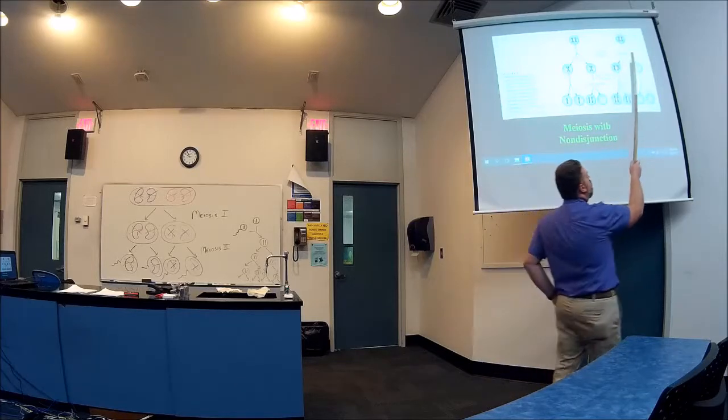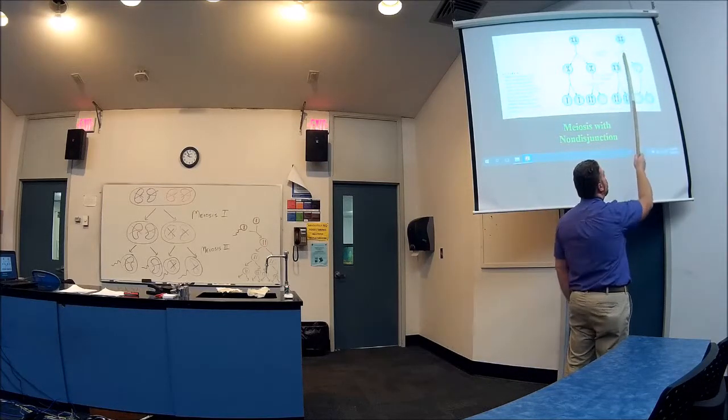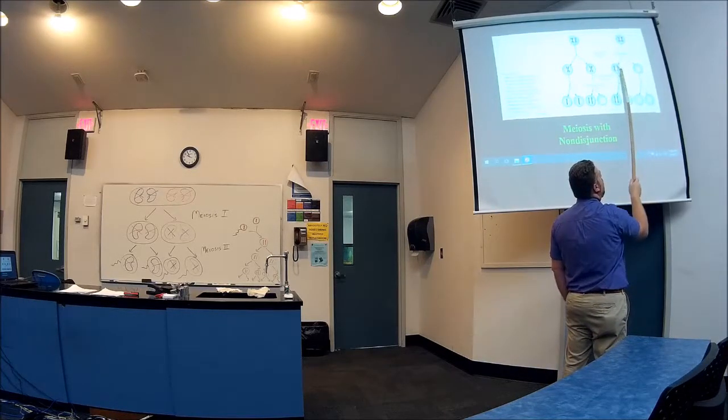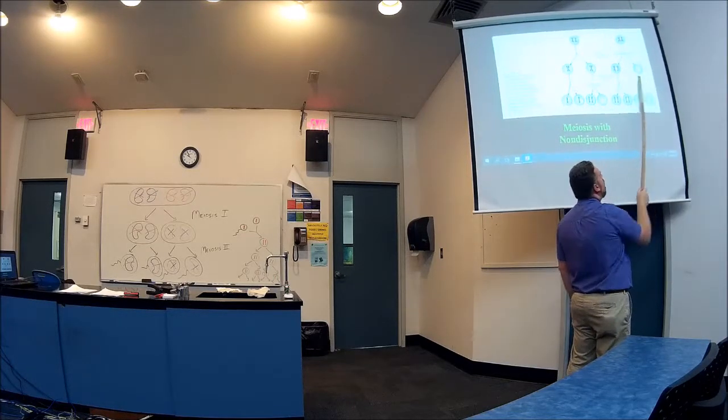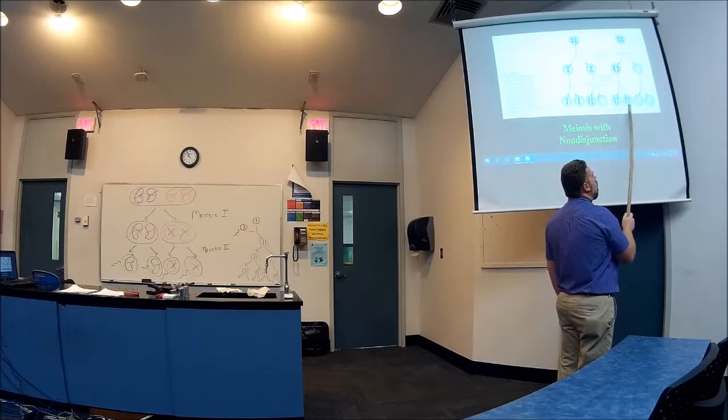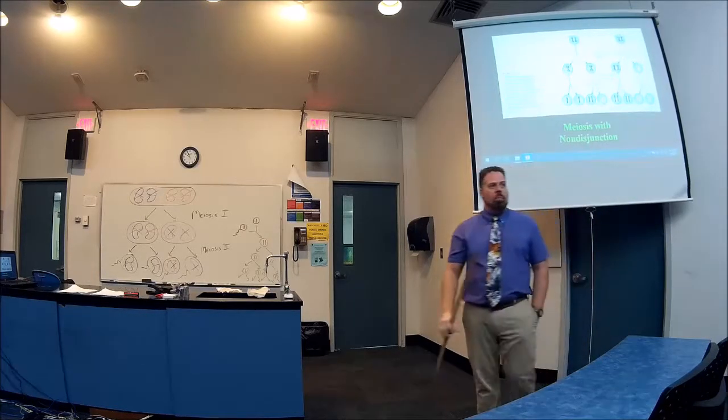This other example is showing the same thing, but it happened in the first division. So the first division occurs, but the chromosomes stay the same here, nothing over here, and then you get division. So now you've got an extra step there.